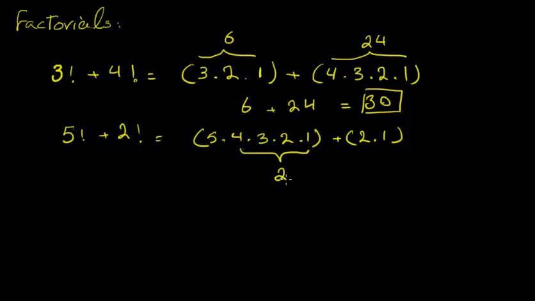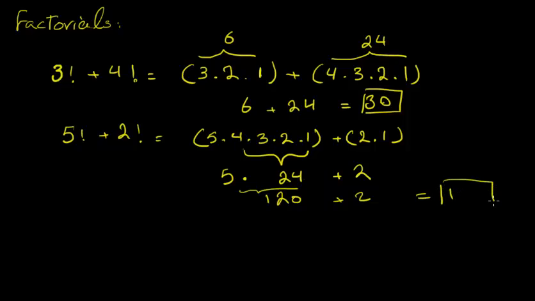We had this one before, 4 factorial equals 24. And we have 5 times that, and then plus 2. So we multiply 5 by 24, we get 120, and plus 2, our solution is 122.